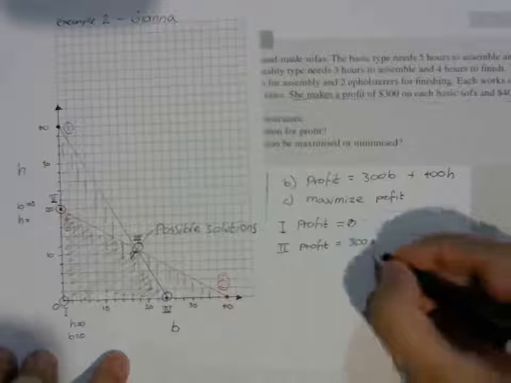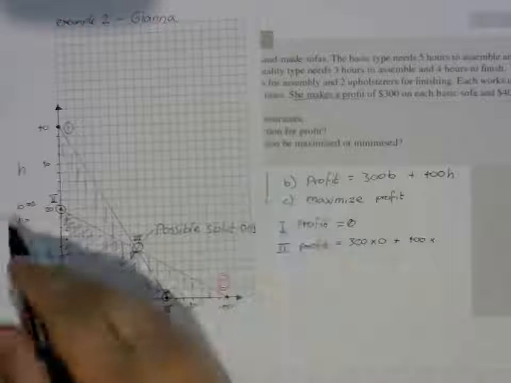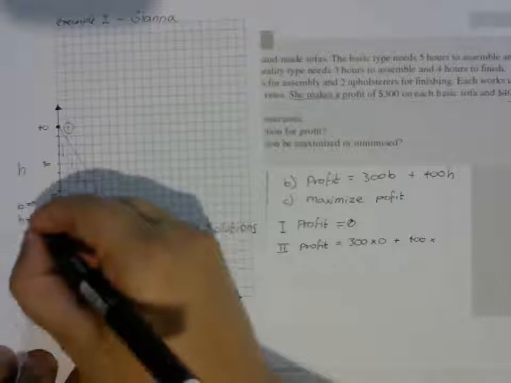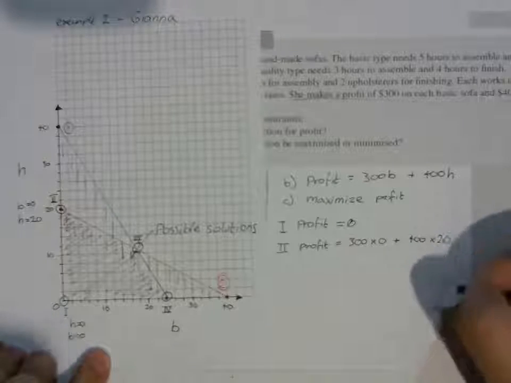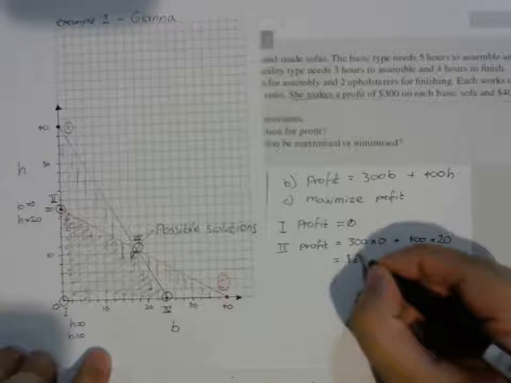So it's 300 times 0 plus 400 times H, which we know is, sorry, not 12, 20. 400 times 20 is $8,000.